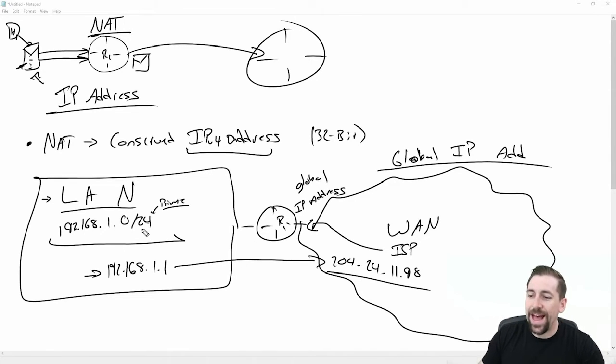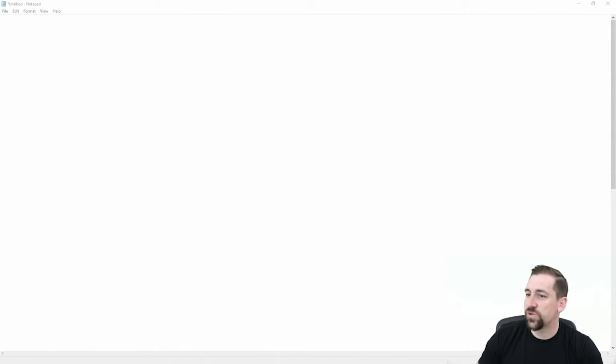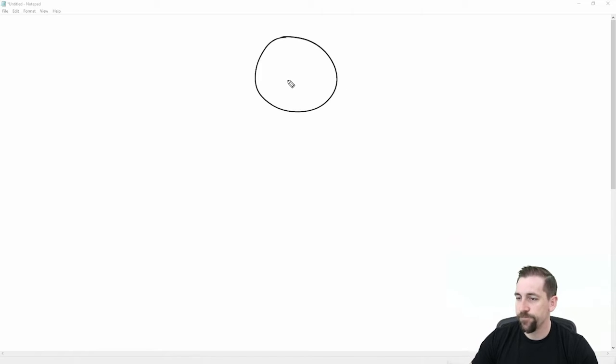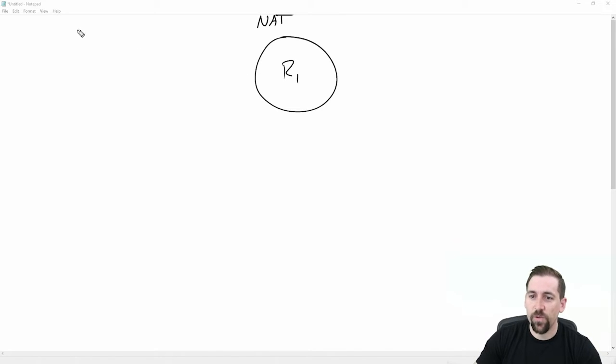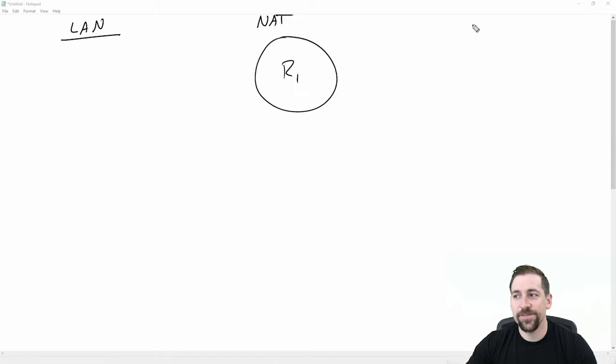So that's what we do here in translating this address. What does it look like functionally in the router? So we need to go internal, right? So when we set this router up here, R1, what does network address translation look like when we have R1? We have the internal LAN, and we have the external WAN.